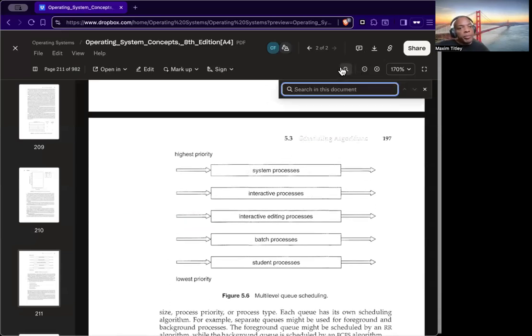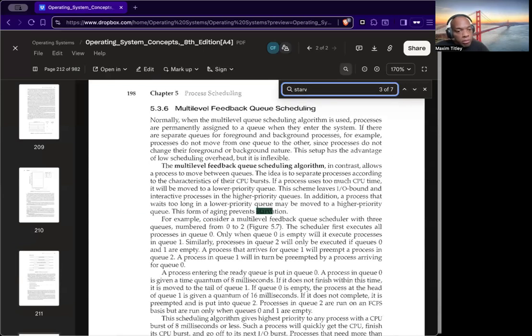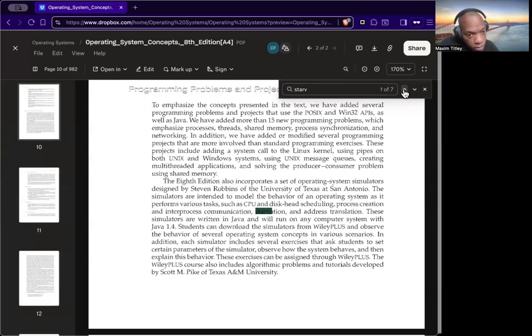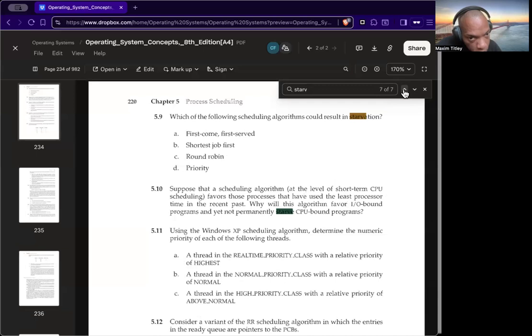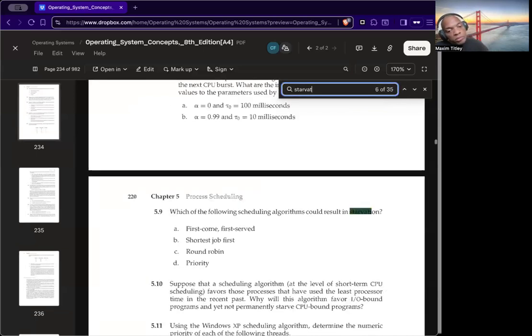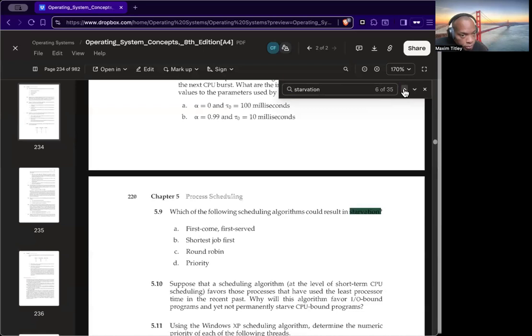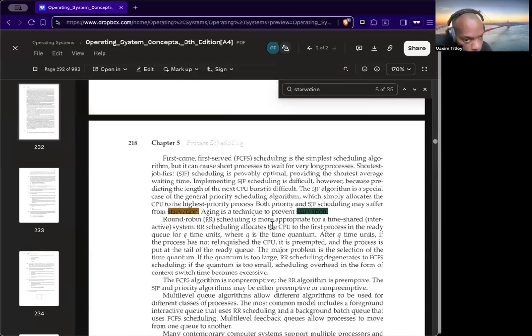I'll just search for it. Okay, both priority and SJF scheduling may suffer from starvation. Let me just get you the actual definition though.